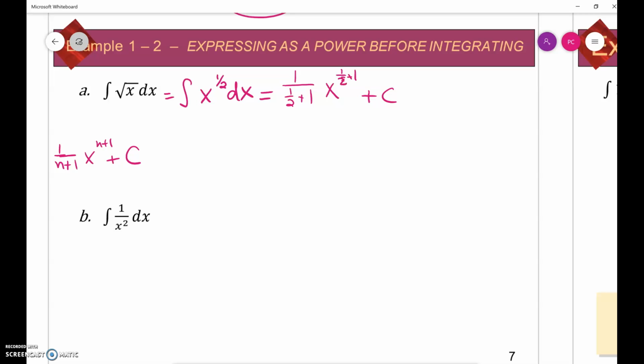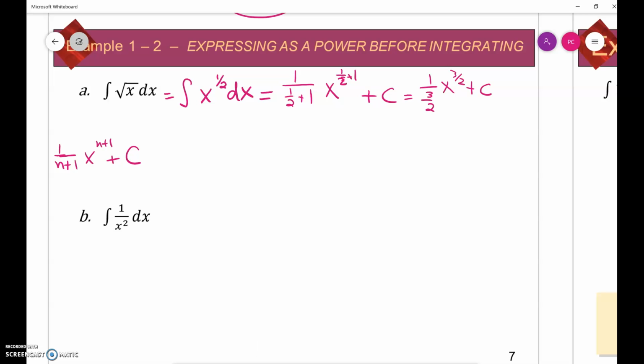All right, and we know how to do this. It's the same as we got really quick at subtracting 1. We're going to get quick at adding 1 as well, especially to fractions. So I have 1 over 3/2 x to the 3/2 plus c.